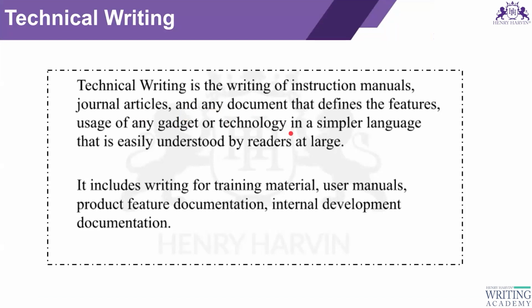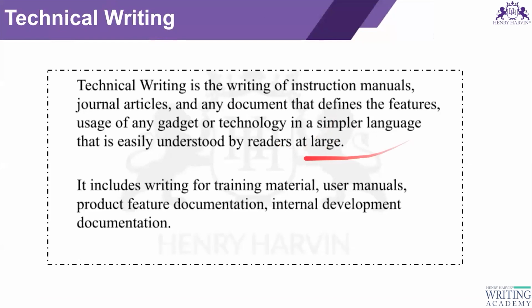If you get any document along with a gadget, for example a TV, a microwave, a refrigerator, an AC, or even if you have to install software, you get a list of instructions as to how to do it. All that material would be considered technical writing.